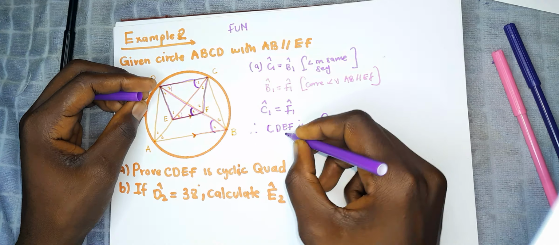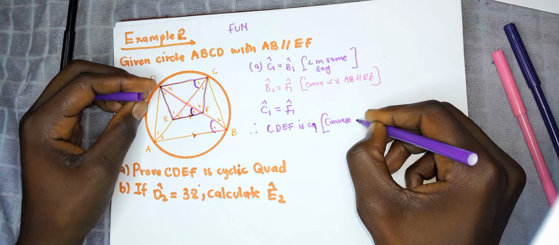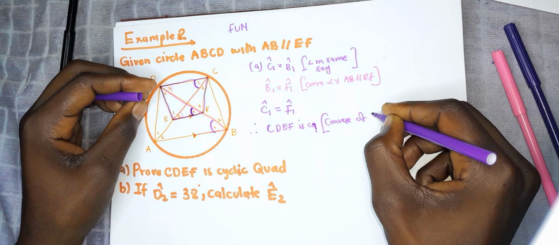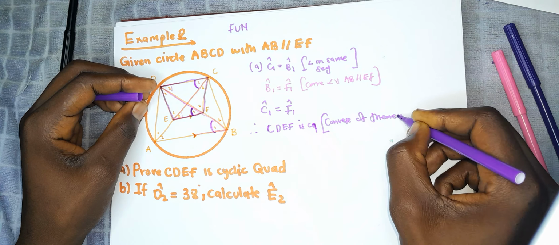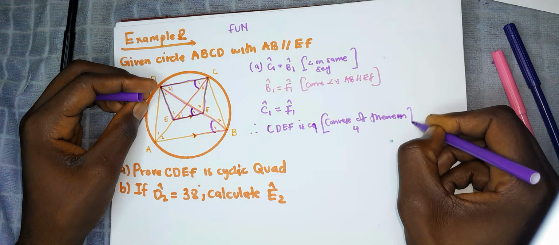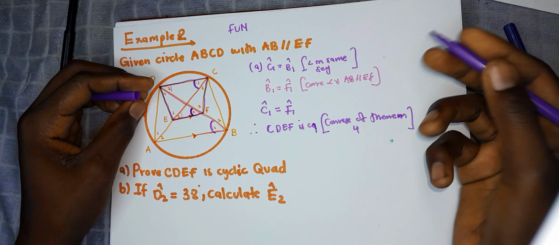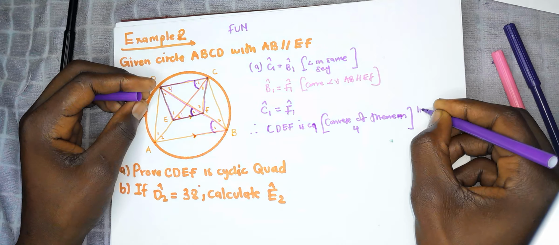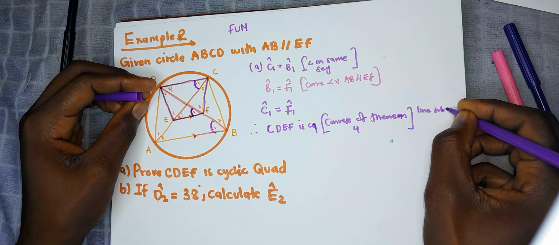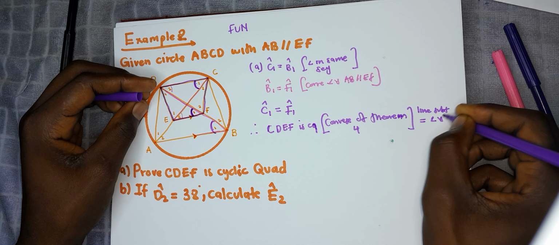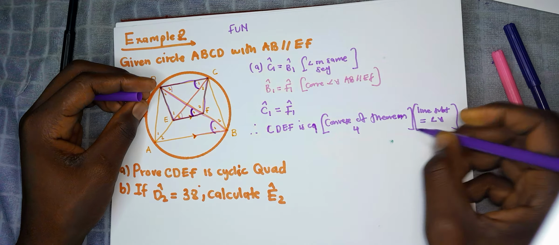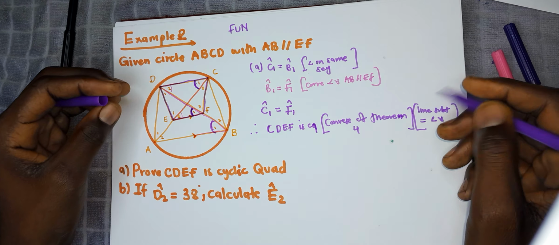So we conclude this because of the converse of theorem 4. Or you can use that a line subtends equal angles. This is also applicable, but this one is very easy to memorize.